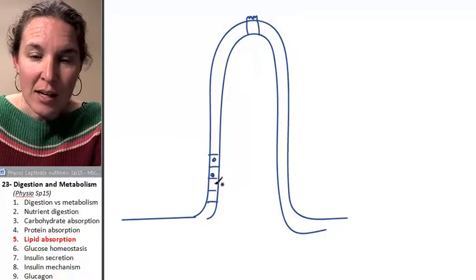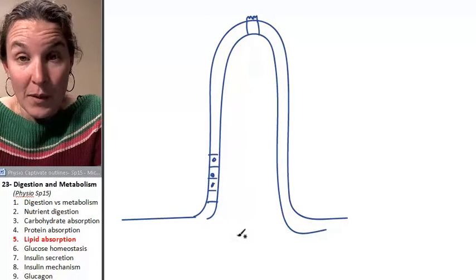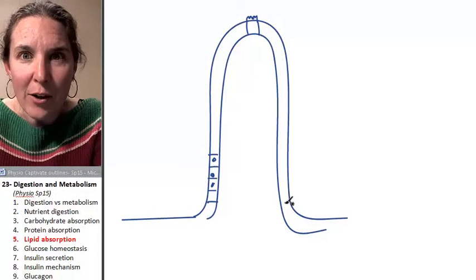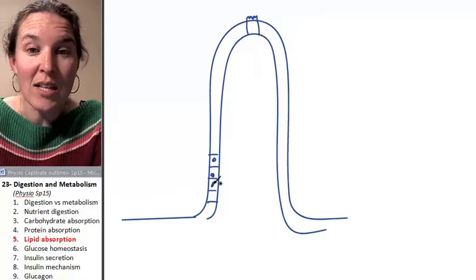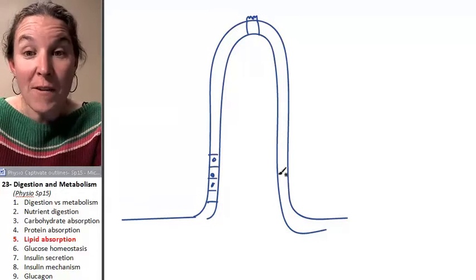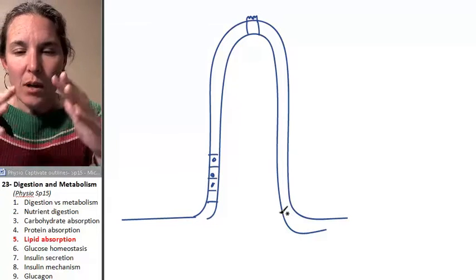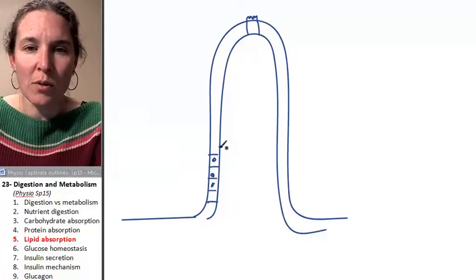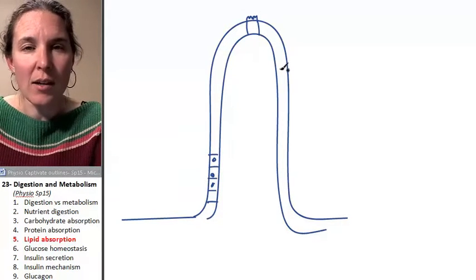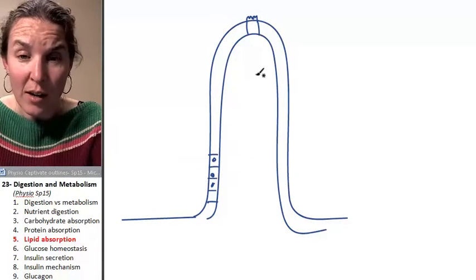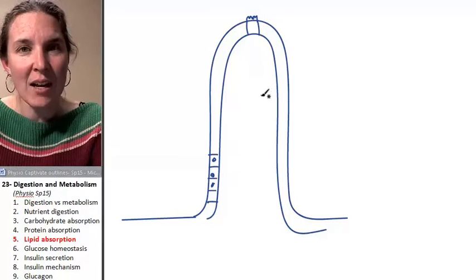This is a line of epithelium. Microvilli are found on individual cells. Villi are finger-like projections made up of multiple epithelial cells and other stuff, because you actually have lamina propria inside of here.